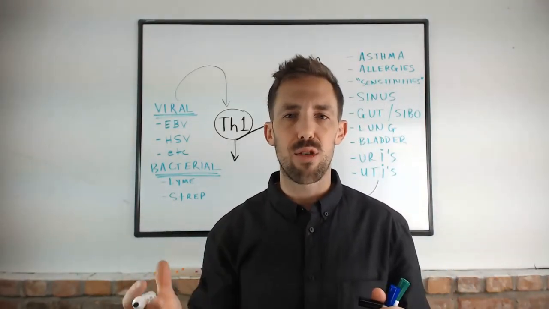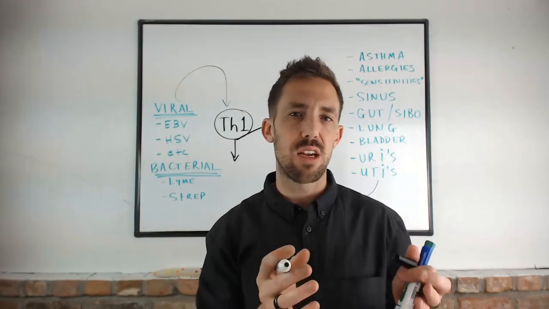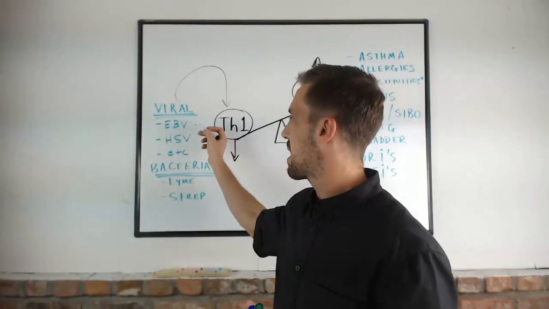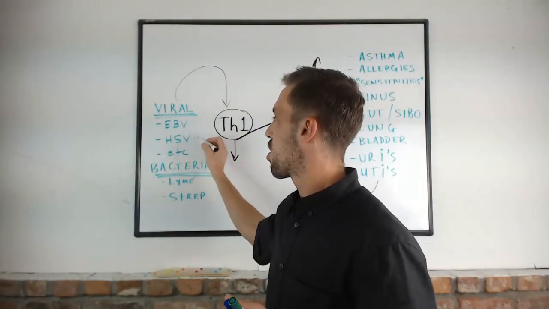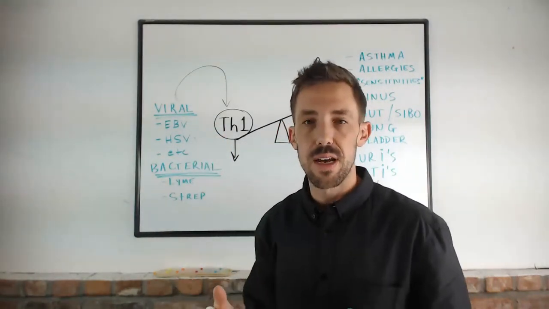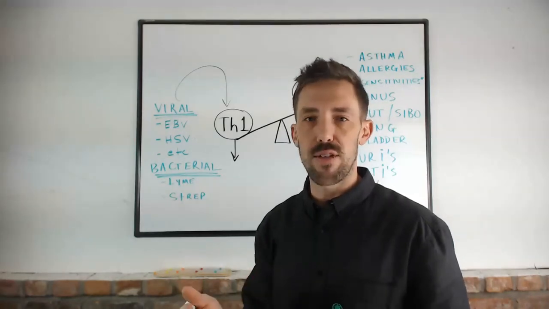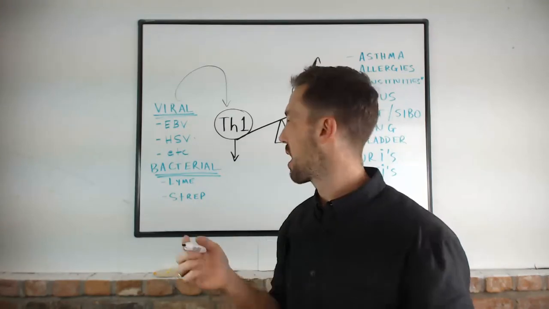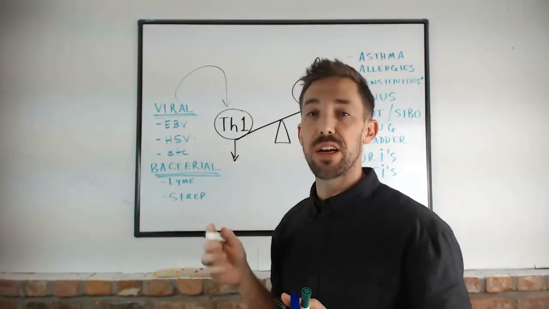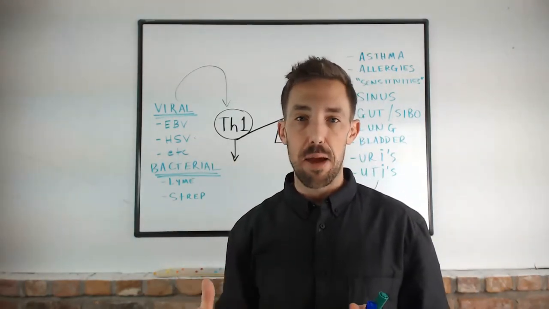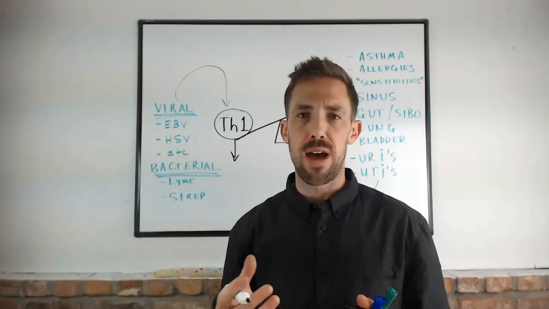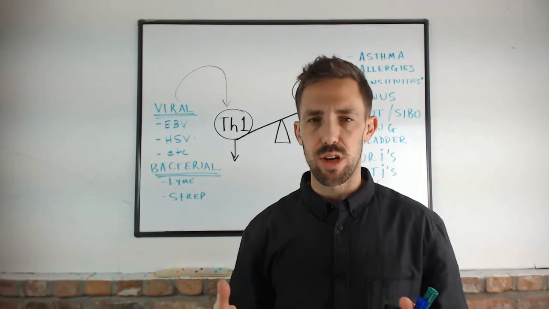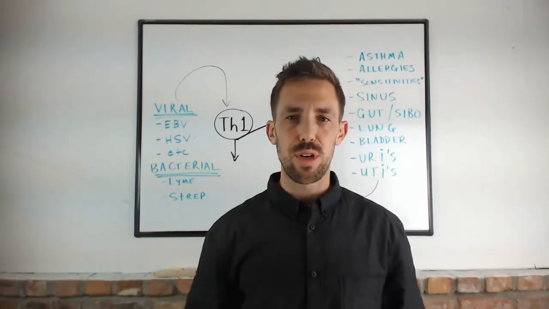And once again, we have a whole video going through the vicious cycle of infections and overgrowth. But once again, Epstein-Barr virus, any herpetic virus, cytomegalovirus, chickenpox, Coxsackie virus, etc., or any bacterial infections like Lyme or like a strep infection, or anything along those lines. So this is a really tricky thing, but it's something that we see all the time.